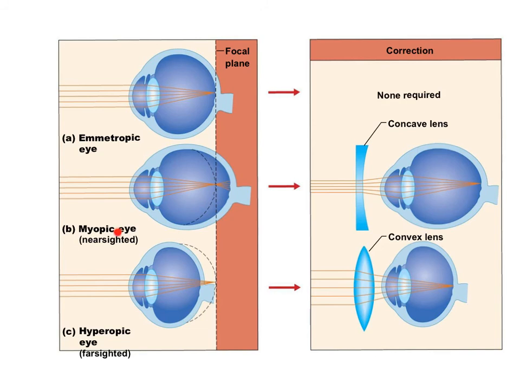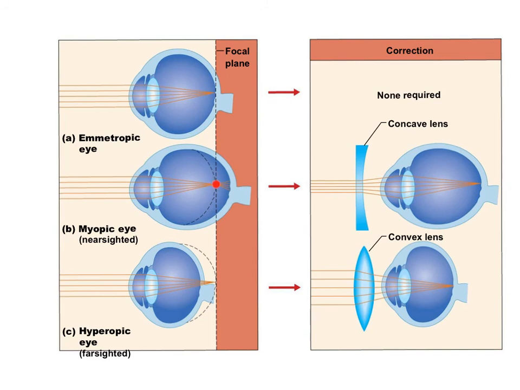Myopia is nearsightedness. Distant objects seem blurry, because the lens is not focusing the light at the sharpest point.